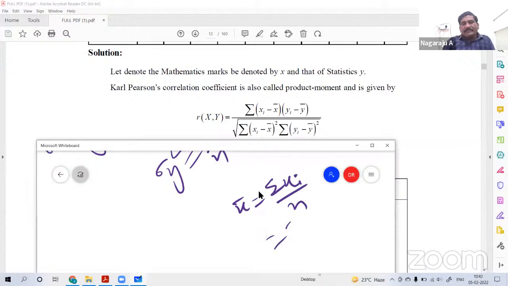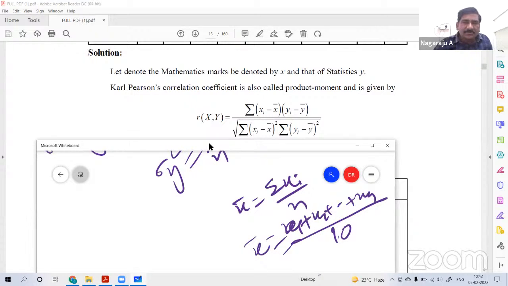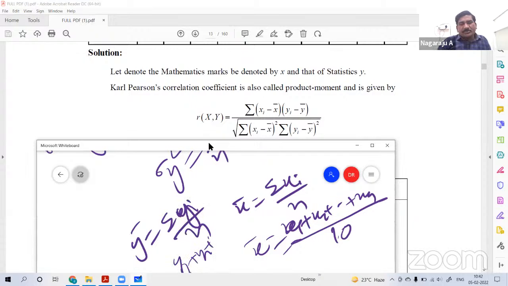The values we add are X1 plus X2 plus so on plus Xn, divided by how many we have, which is 10. This is X bar. Similarly, Y bar equals the mean value, summation Yi divided by n, that is Y1 plus Y2 plus so on plus Yn divided by 10. So this is called X bar and Y bar.